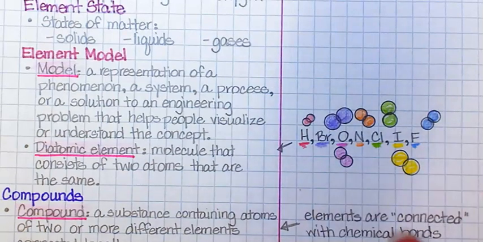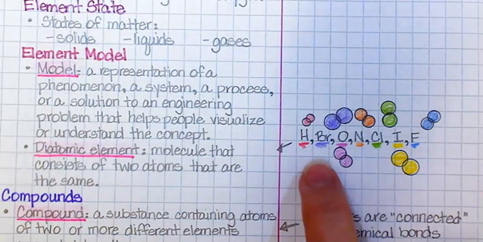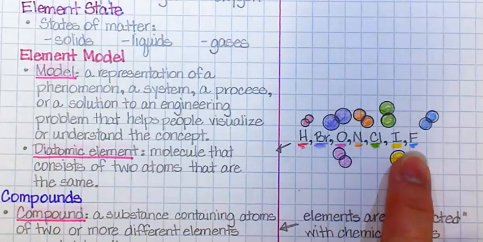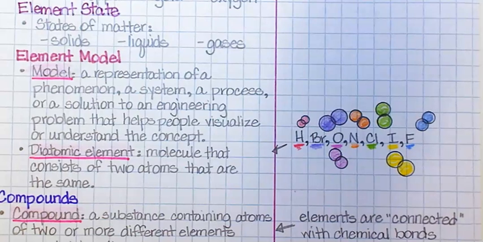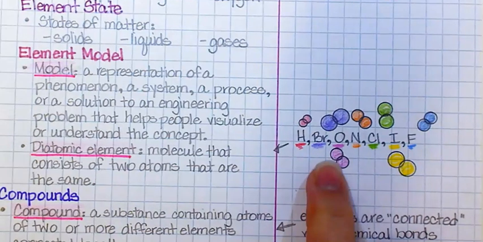Are they actually these colors? No. But these are your 7 elements that occur as diatomic elements, okay? Basically, when they are by themselves, when they're not bonded to something else in a compound, when they're hanging out by themselves and you just have hydrogen or just have bromine or just oxygen, then they actually hang out in pairs.